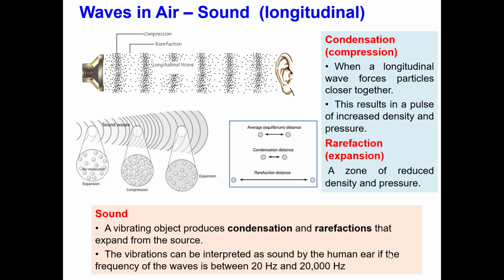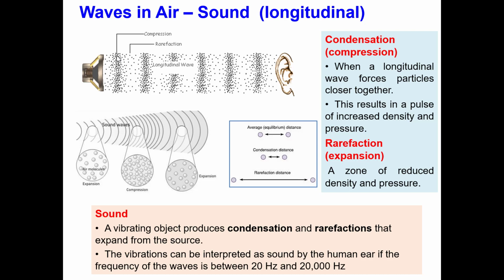And these two zones have different names. Where the molecules of the air are closer is called the condensation or compression zone. Because there is more density of molecules of the air, in these regions they have higher pressure.